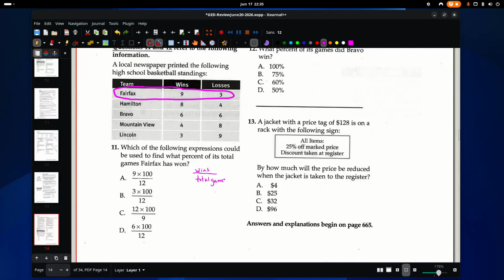Then once we divide that, we'll get a decimal number, we'll multiply it by 100, and we'll write percent on the end. So the number of wins for Fairfax is 9, the total number of games is 12, so that's times 100%.